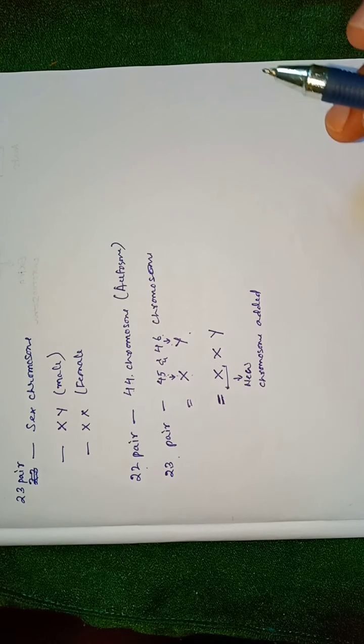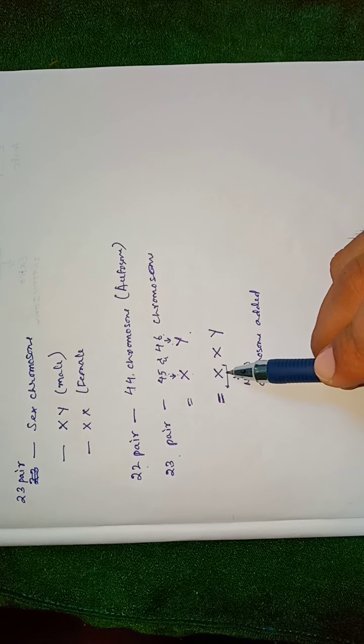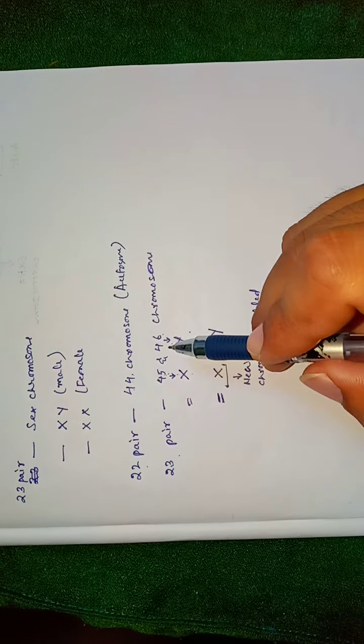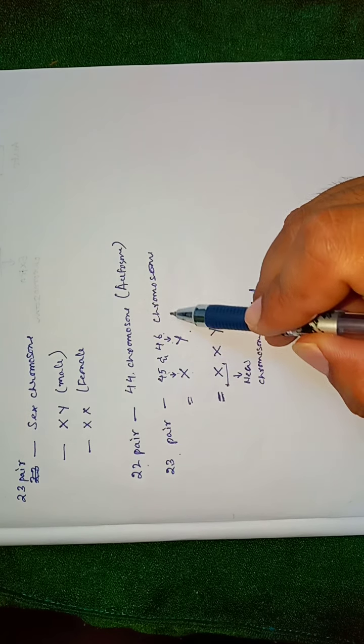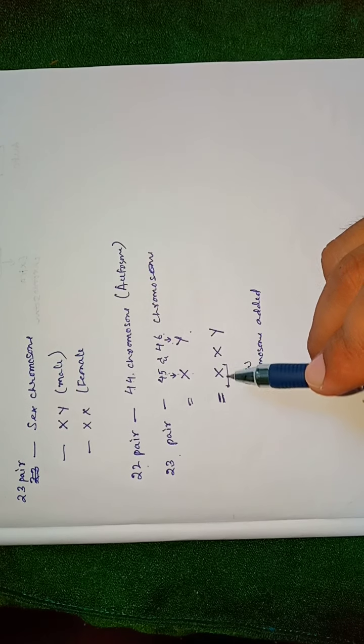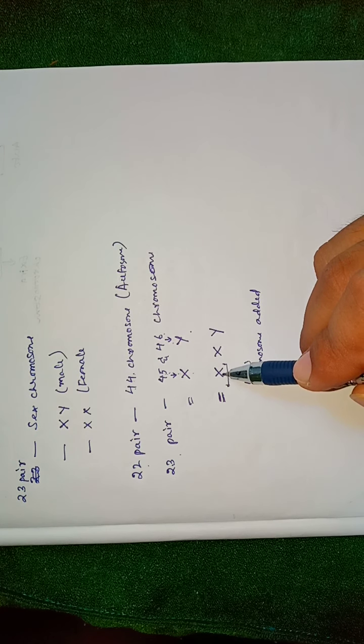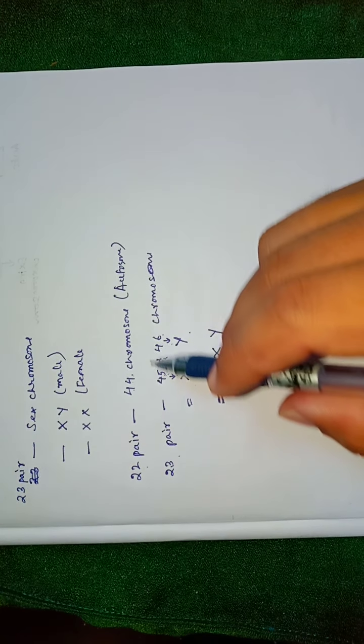But in Klinefelter syndrome, 1 additional X chromosome is added to the 23rd pair. That means to the XY chromosome. So here the extra chromosome is being added to the sex chromosome.